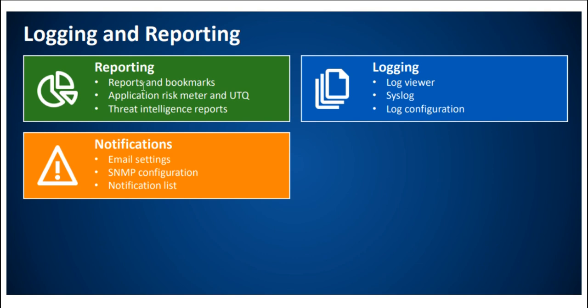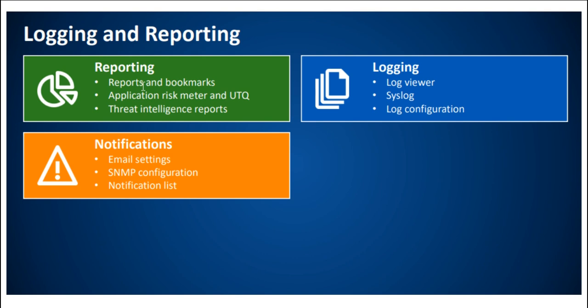Next would be the logging, where in case some configuration is not working, or we have to investigate some traffic, or fix some issue, we will use the log viewer. With the help of log viewer, we can identify the exact issue or what action we have to take on suspicious traffic. We will see that in much more detail during the lab session.